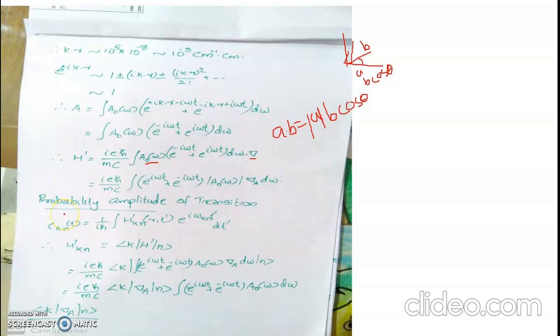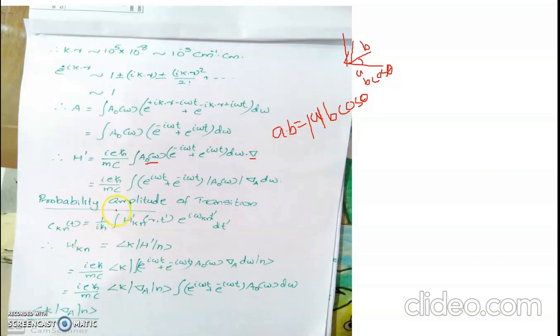Of course, we will now write down the expression for the probability amplitude, which we have already solved, Ckn of t. This accounts for the probability amplitude of transition from an initial state n to a final stationary state k possible for the material medium interacting with electromagnetic radiation.